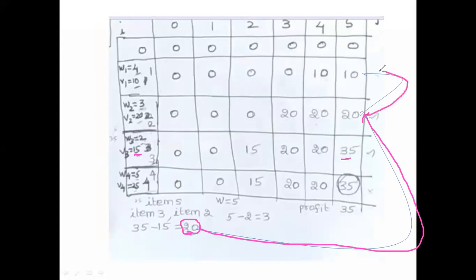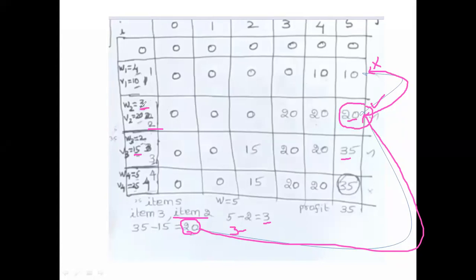Again, you have to check the next row also. Here it is not available. So don't take this one. You take this one. What is that? Item 2. So item 2 is also possible. So write that item 2. What is the previous weight? 3. So 3 minus, now that we have selected this item 2, what is the corresponding value?